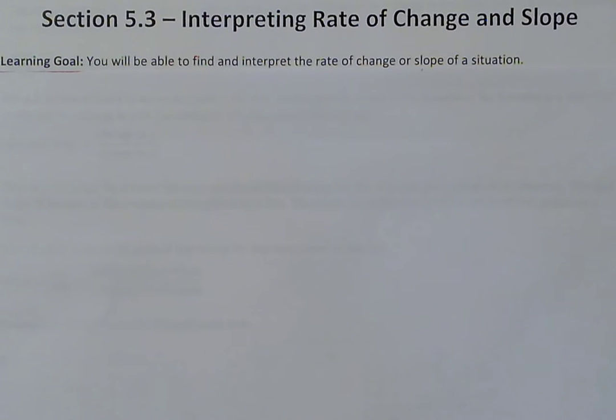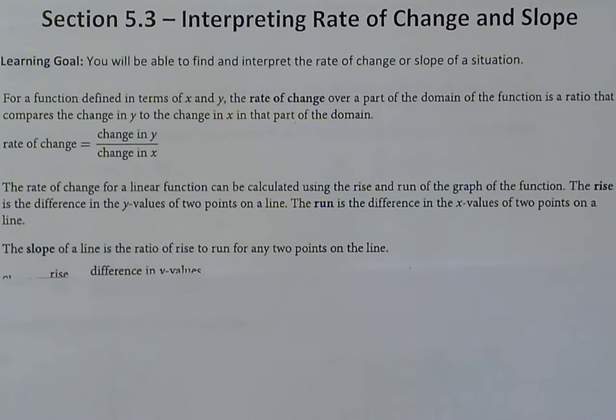So we're going to use rise over run, and we're also going to use the slope formula today. Then we'll wrap up with interpreting what slope means based off of the situation. Alright, so let's talk about some terminology and different information before we jump into our example today.